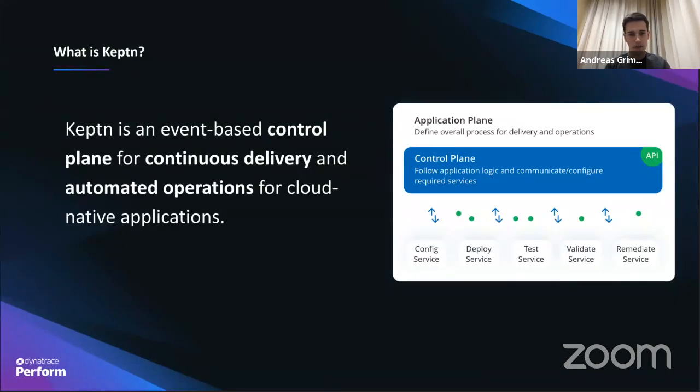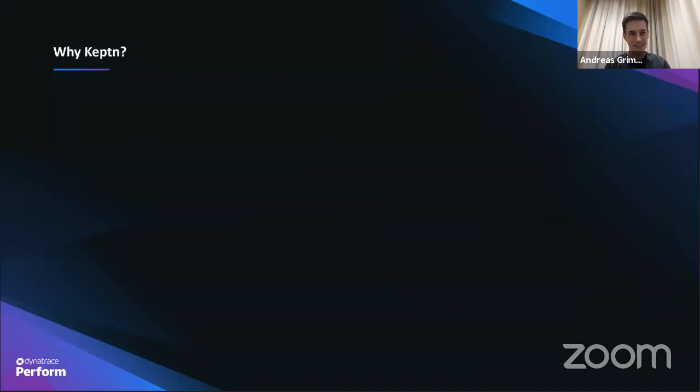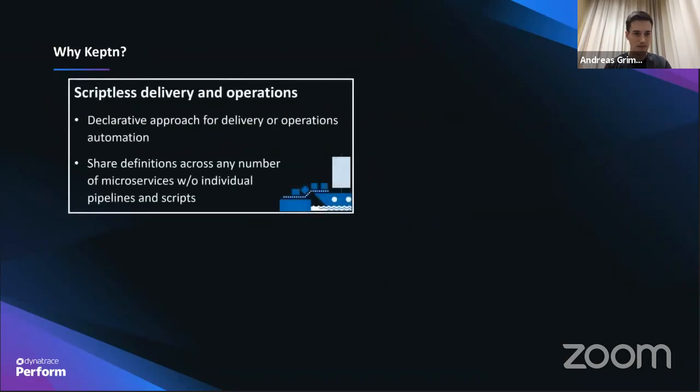Next slide, please. Keptn gives you scriptless delivery and operations. What does that mean? Without writing a single line of pipeline code, you get blue-green deployments out of the box, also automated operations, and so on.